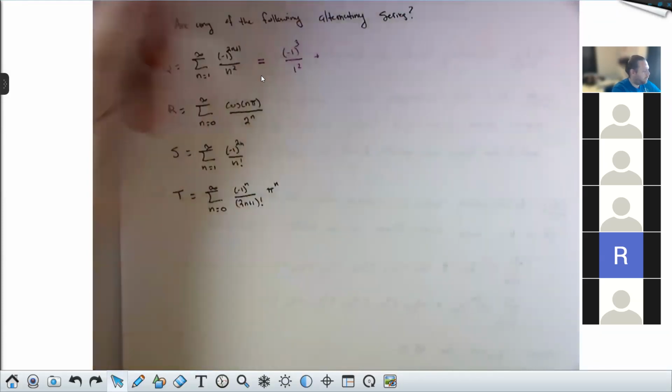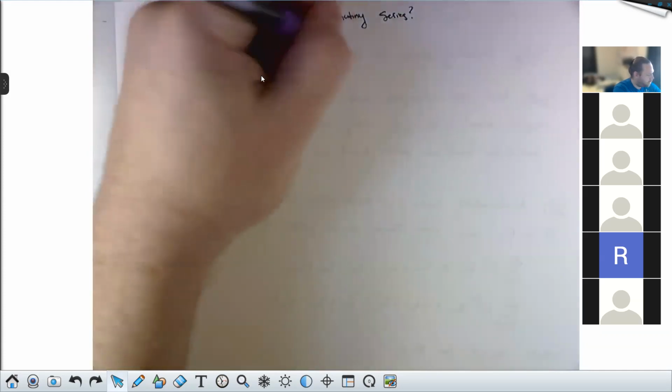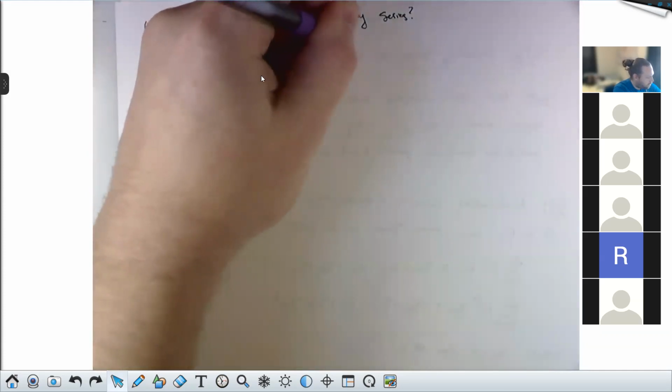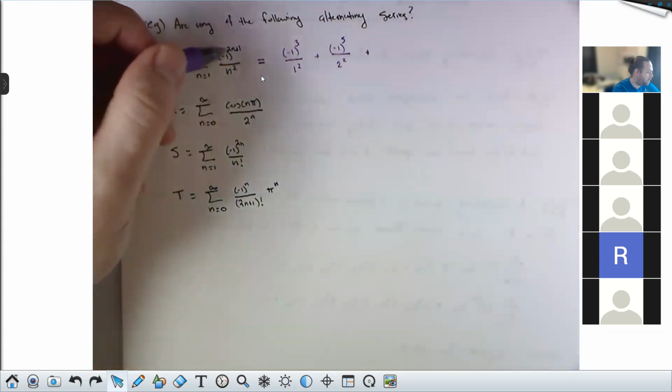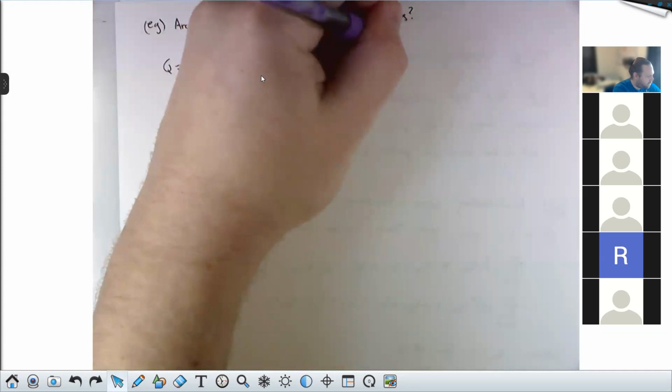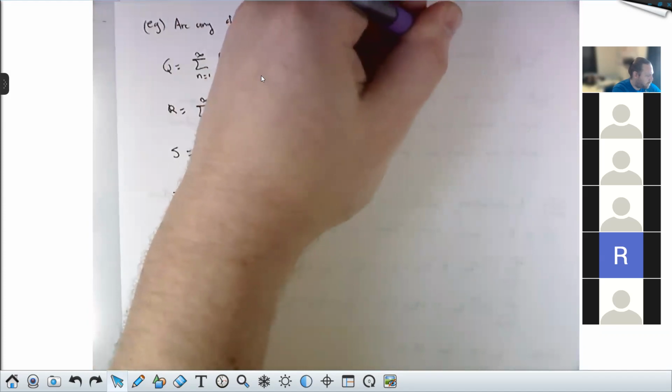And then the next term would be (-1) to the 2 times 2 plus 1, which is (-1)^5, over 2 squared. And then the next term would be (-1) to the 2 times 3 plus 1, which is (-1)^7, over 3 squared, and so on.